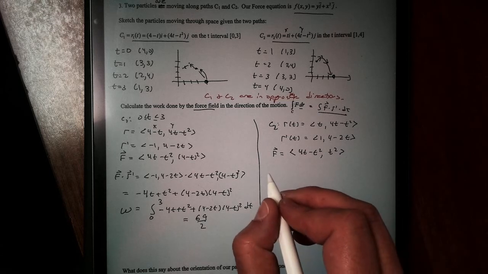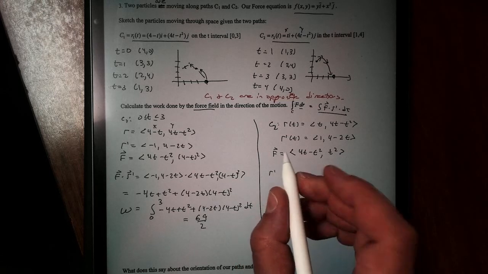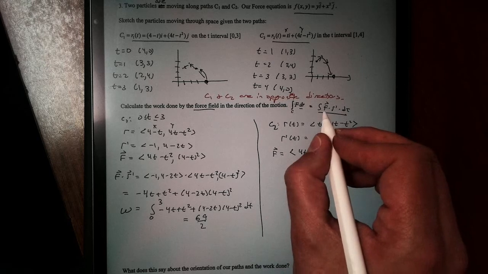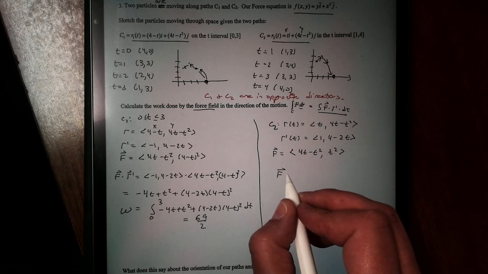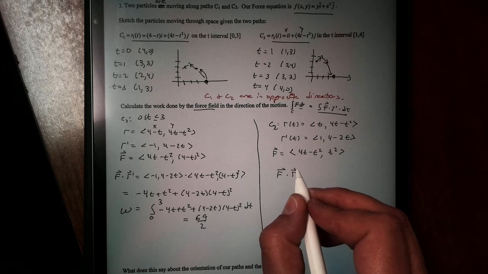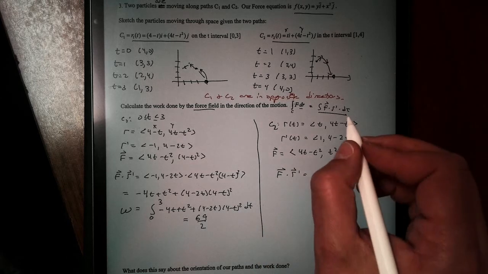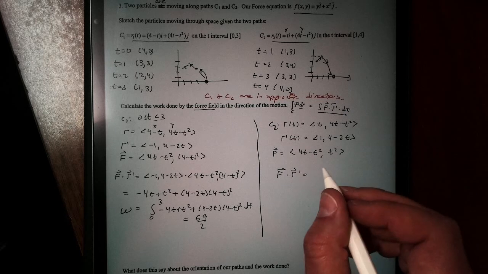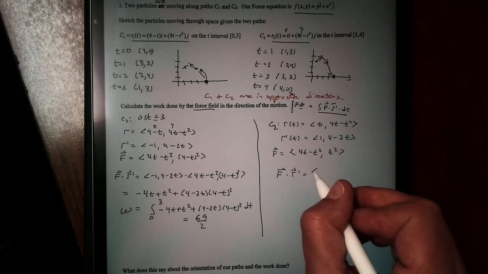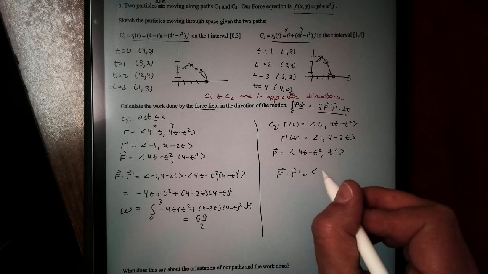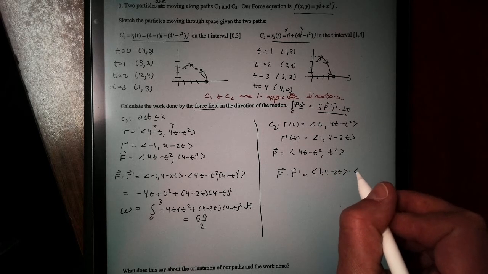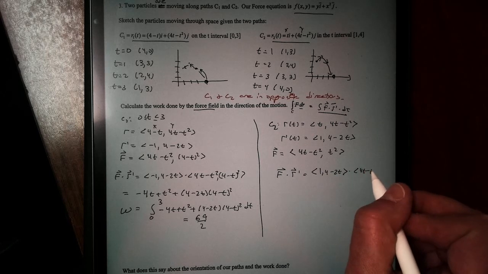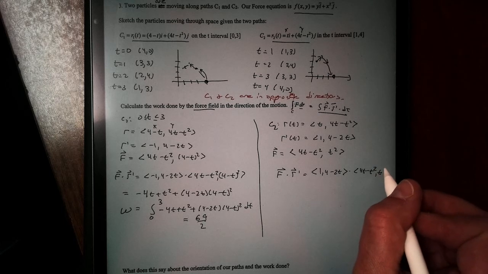Taking the dot product, r prime, sorry, I should do it the other way. We want to take the dot product, take your force vector, dot that with r prime, because remember they are both vectors here. We dot those together, and this is going to be 1, 4 minus 2t, dot that with 4t minus t squared, comma t squared.